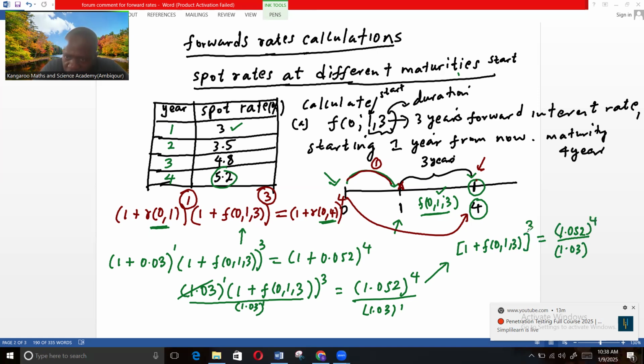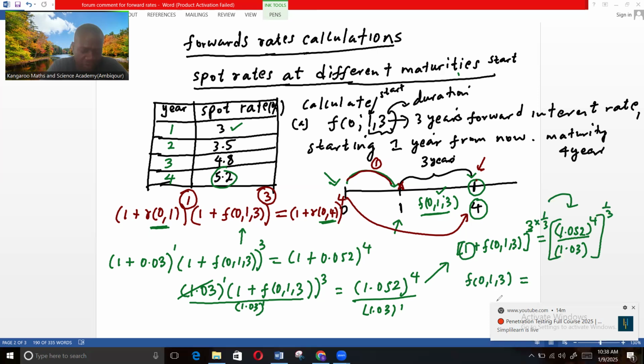We could work it out now, but let me just not simplify. Because of the power of 3, we have to take the reciprocal, 1 over 3, so even this side will be raised to 1 over 3. Then there's the 1 year, so we have to transpose that side. Let's work this out before subtracting by 1.